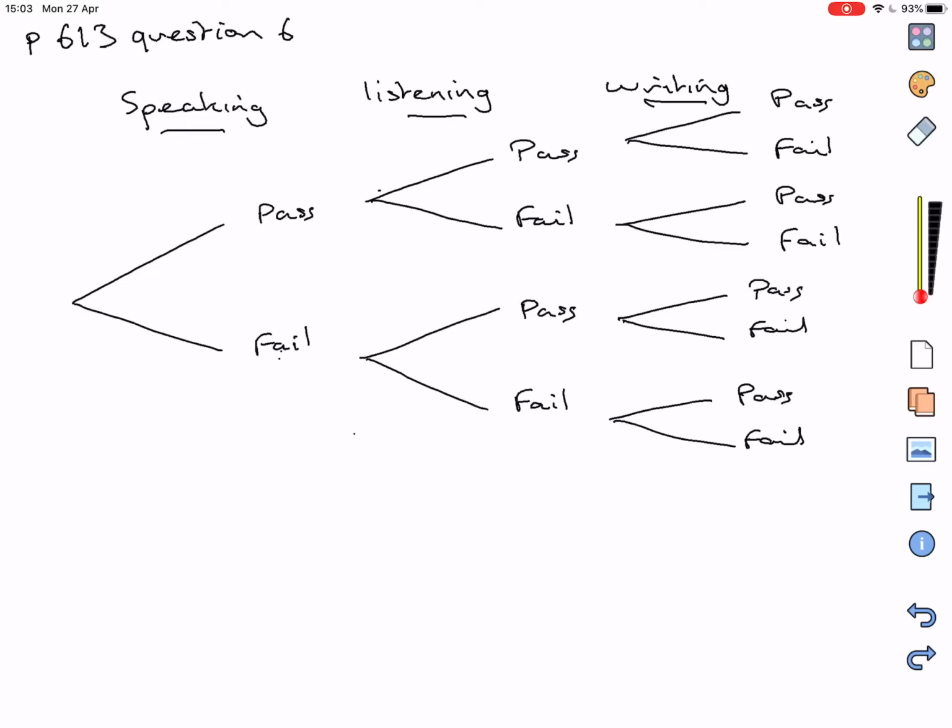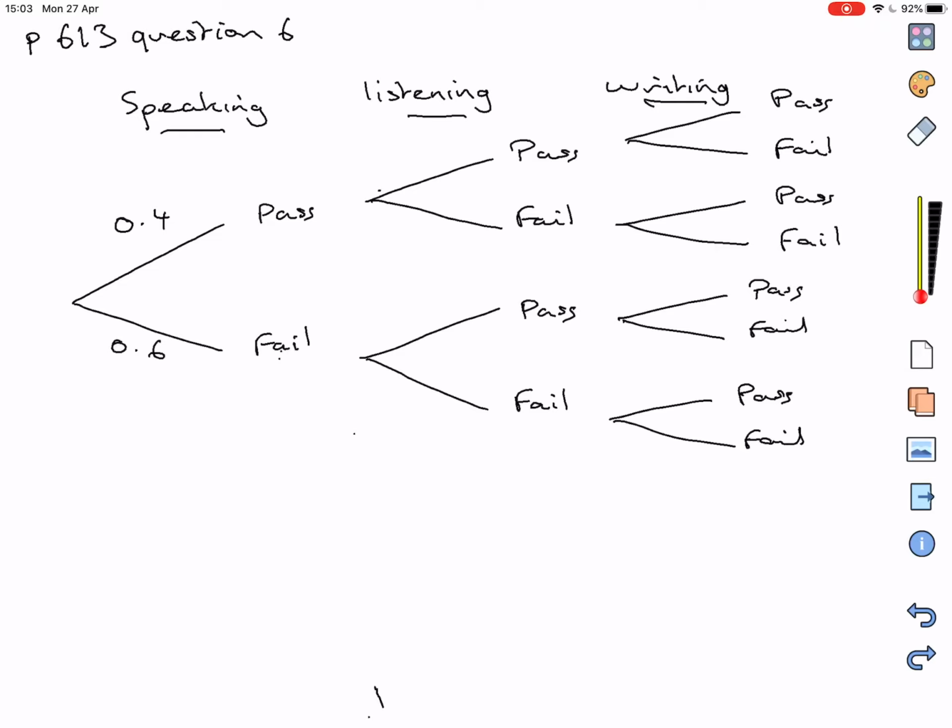Now we're told that his chance of passing that part, so his probability of passing the speaking part, is 0.4. And we know then that the chance of him failing is 1 minus 0.4, which is 0.6, because he could either pass or fail. So their probabilities have got to add up to 1.